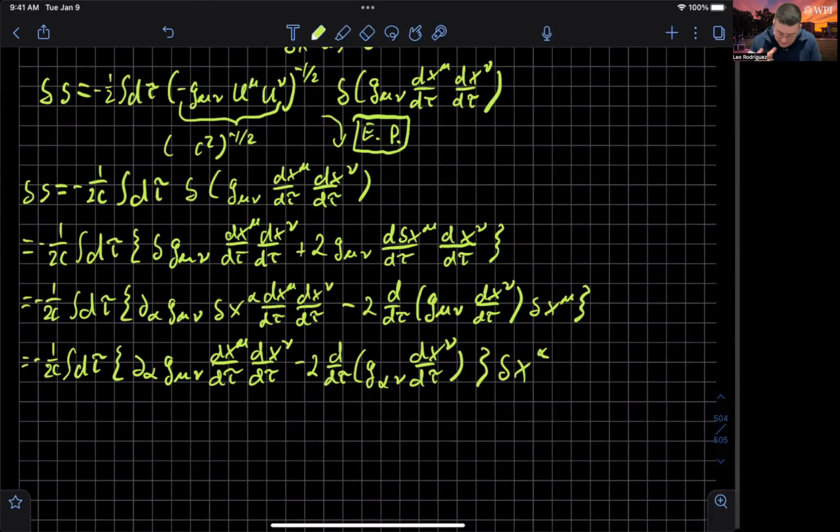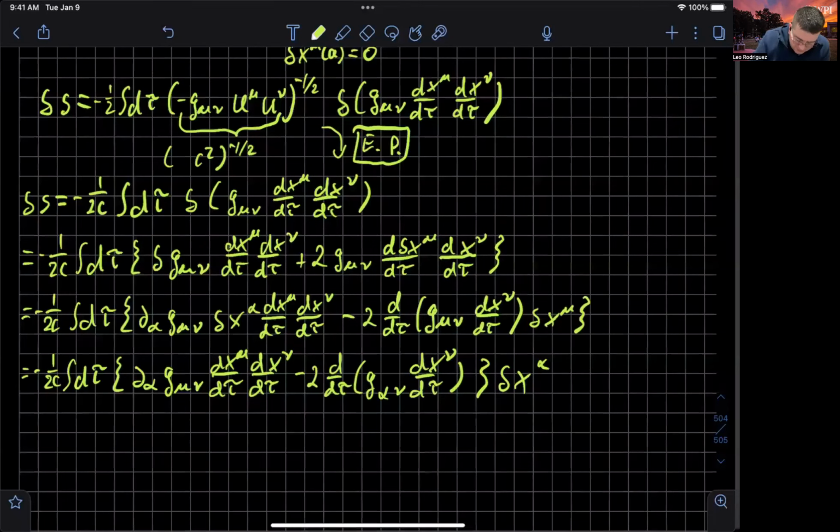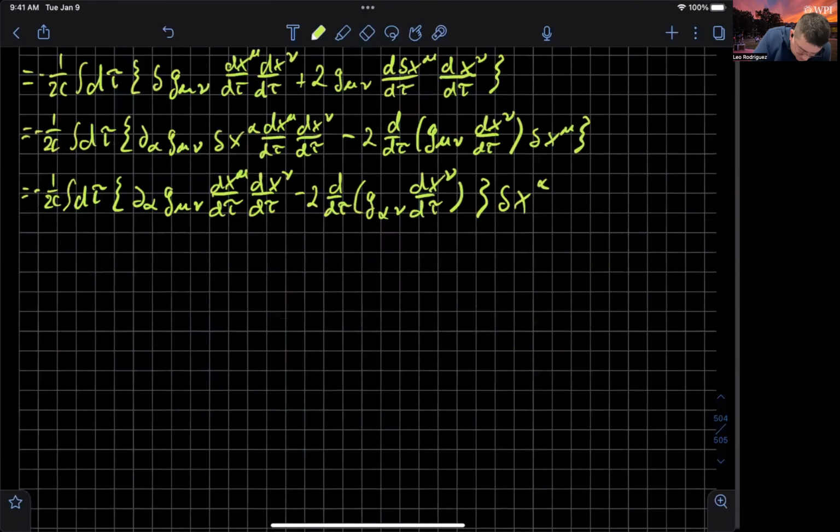So, okay, now the next step, let's expand this derivative term using your Leibniz product rule, and then also using some chain rules.